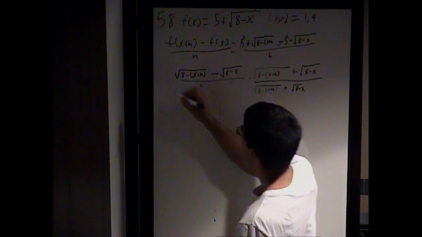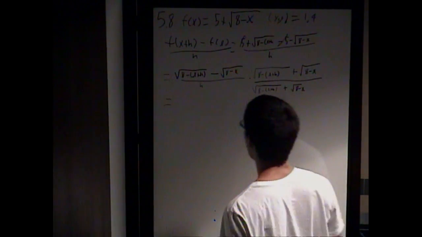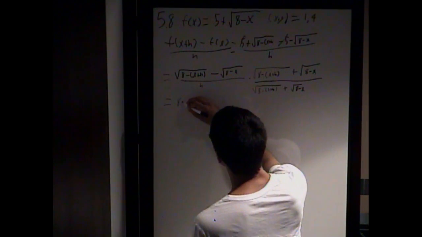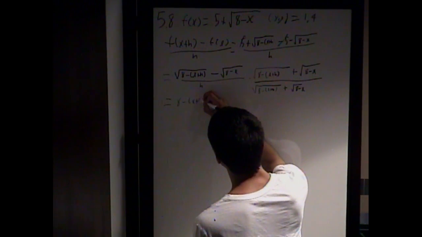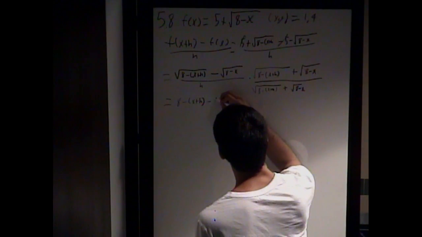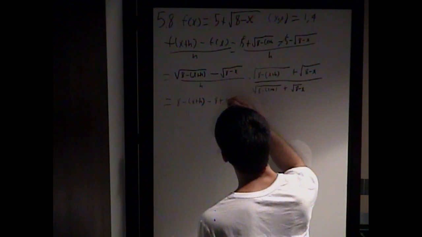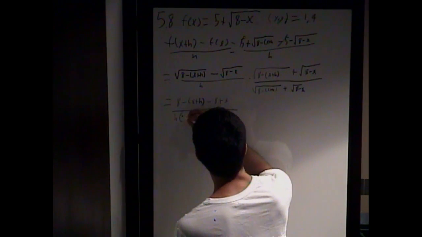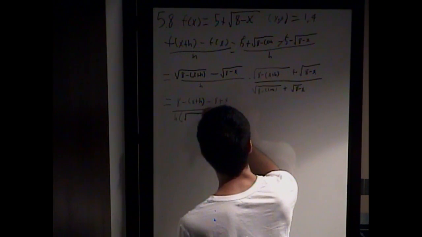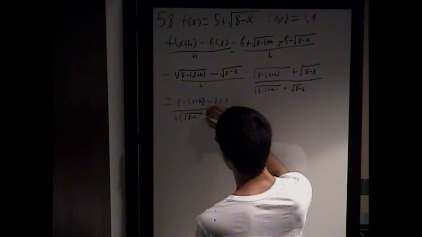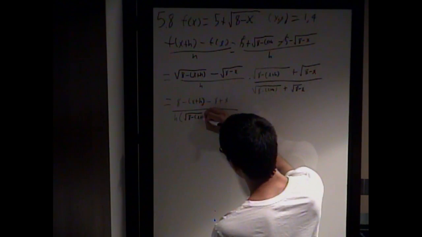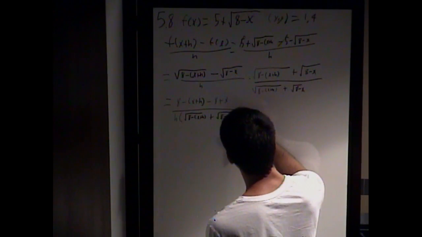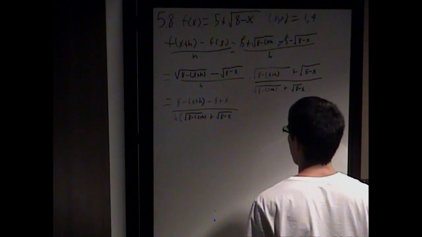And so this changes this value into 8 minus x plus h minus 8 plus x over h times the square root of 8 minus x plus h plus the square root of 8 minus x.